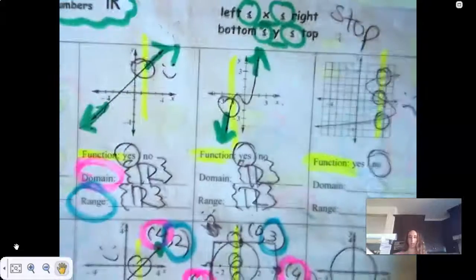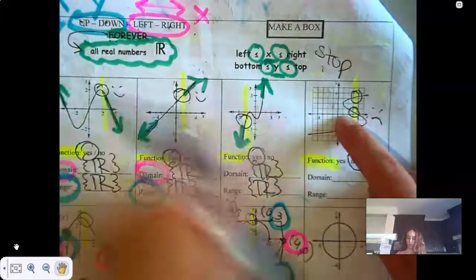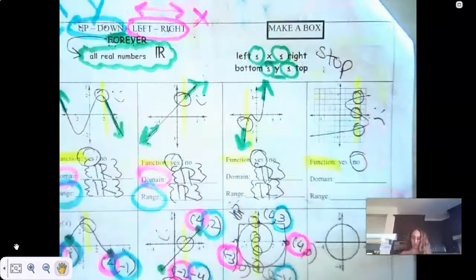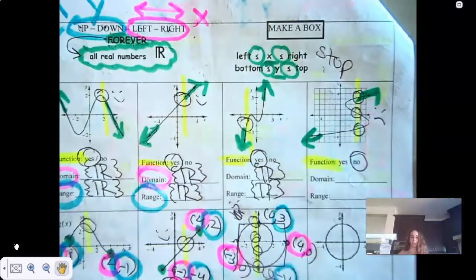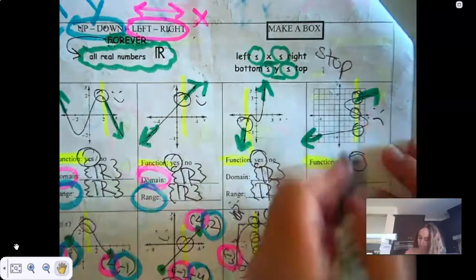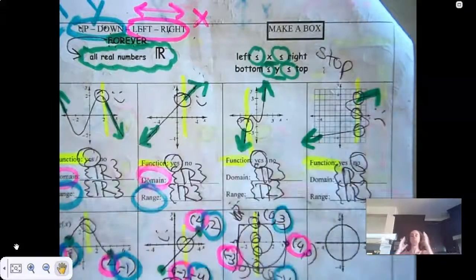All right, let's look at this one. Is this one a forever or is this one a stop? Well, let's look. Forever. Forever. So since it's a forever, all real numbers, all real numbers.